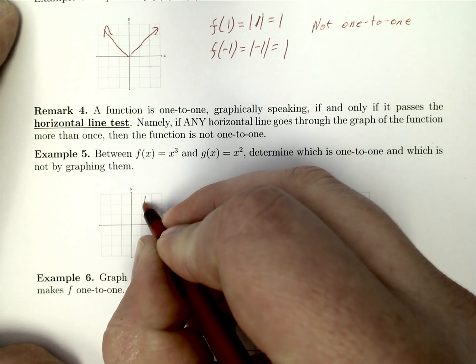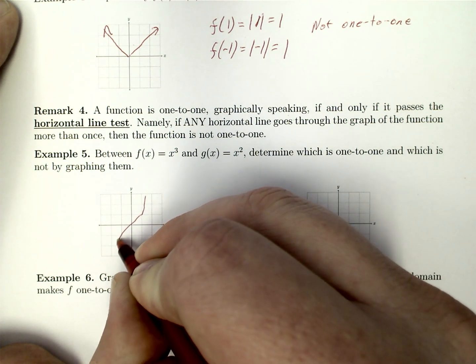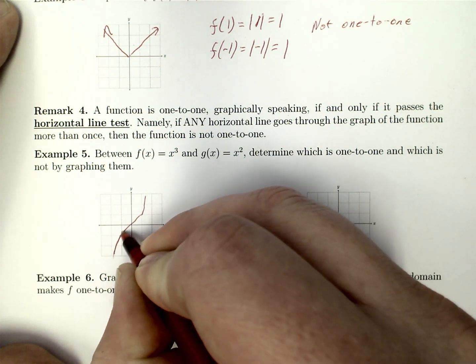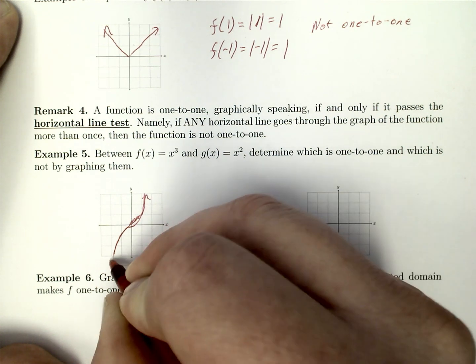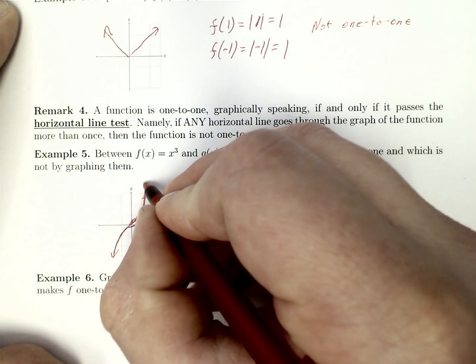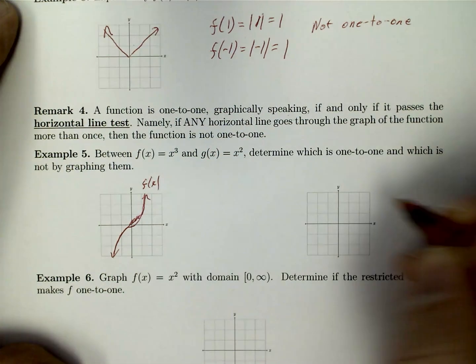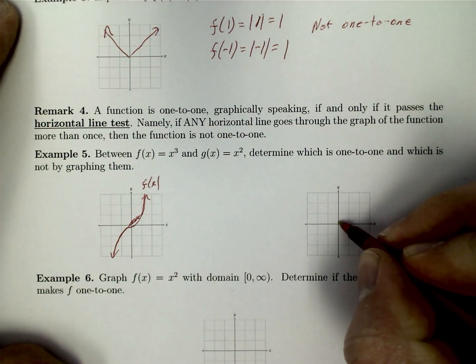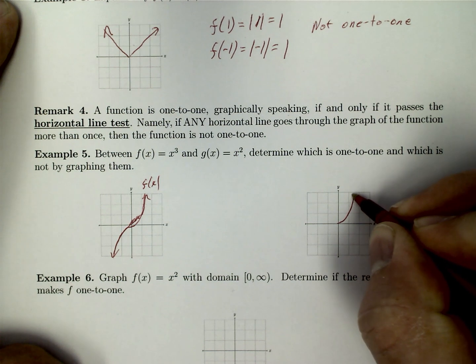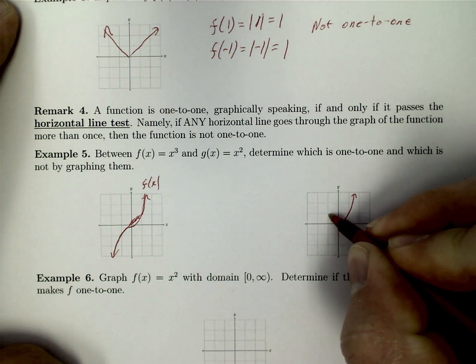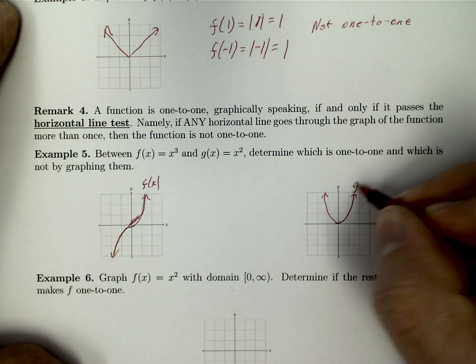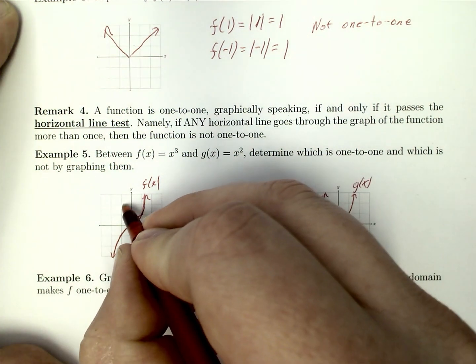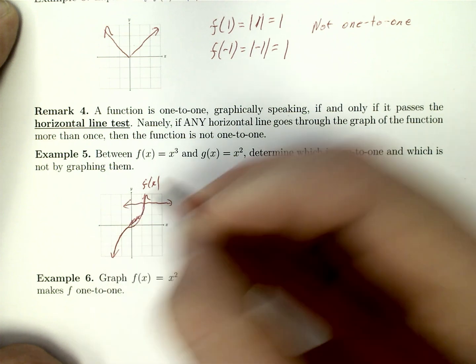x cubed looks something like this. It's an awful x cubed, but it's something like that. And this is our f of x. And if we look at g of x being x squared, something like this, then in this case, f of x passes the horizontal line test.